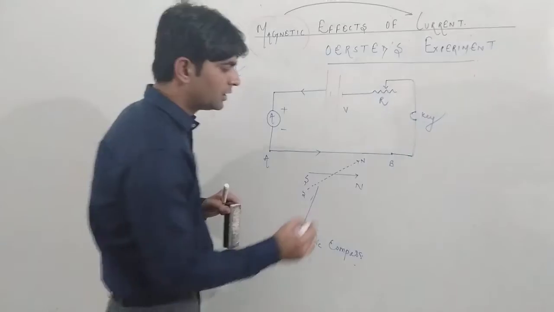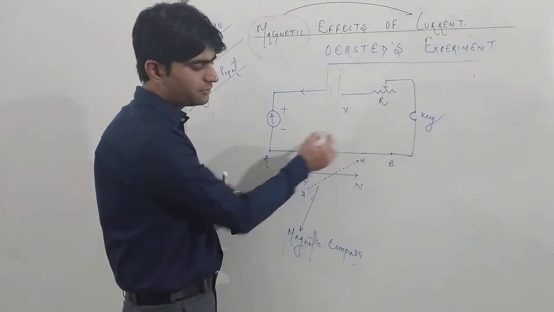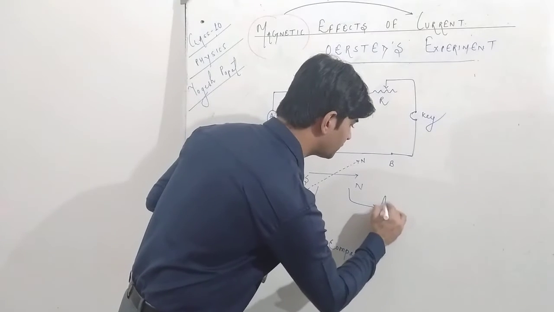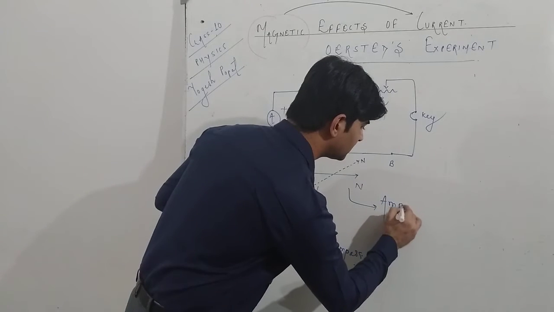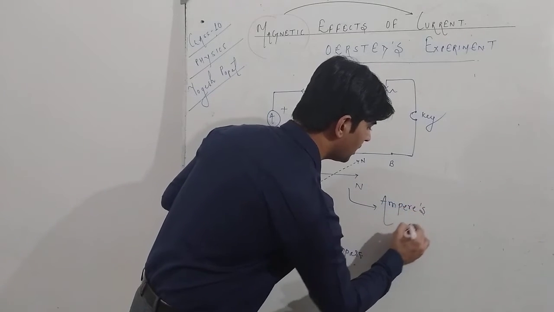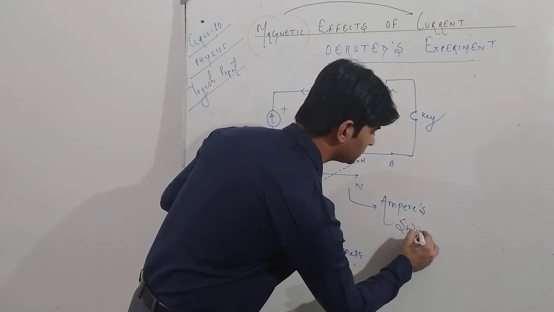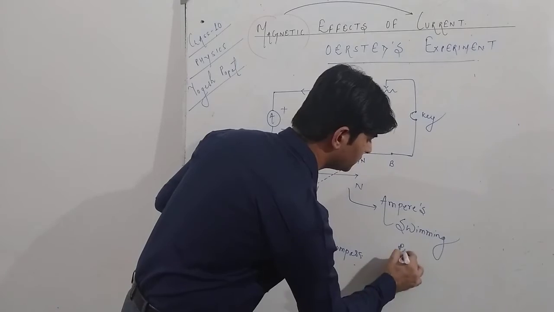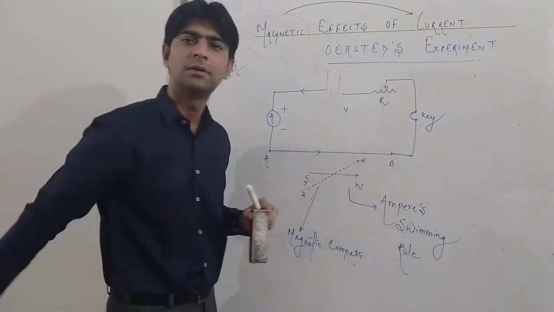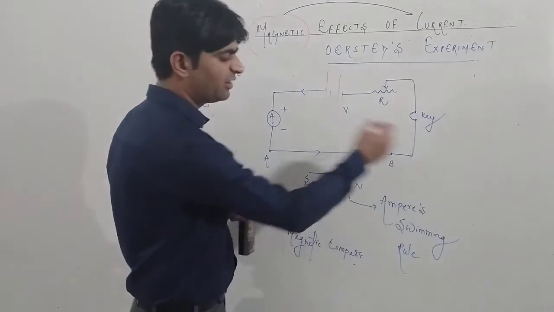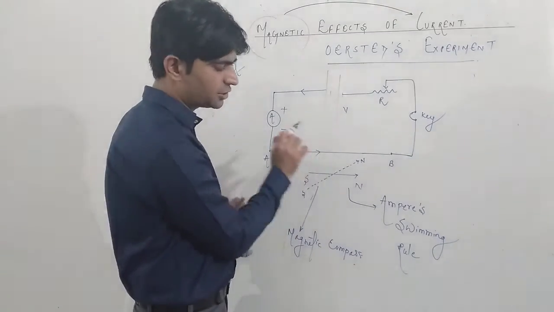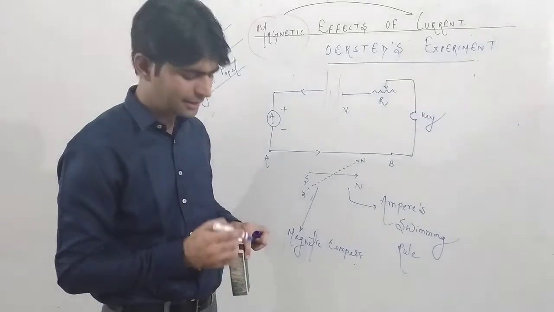Now to detect the direction of the deflection of magnetic compass, we have one important rule, and we say it as Ampere's swimming rule. With the help of this rule, we'll be able to detect the direction of deflection of magnetic needle.